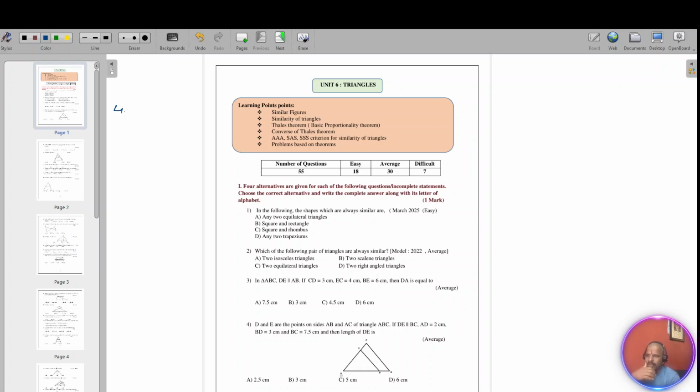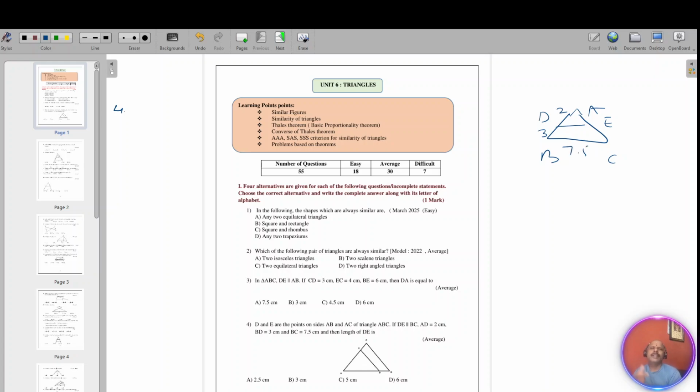In the figure, it's ABC, DE is parallel, similar kind of thing it is. So what you have to do, what is given, just draw a figure. ABC, it is, DE parallel. What is given? AD is 2, BD is 3, BC is 7.5.